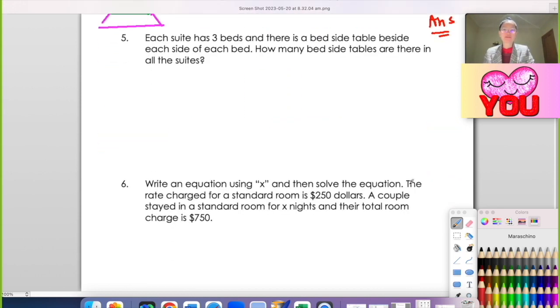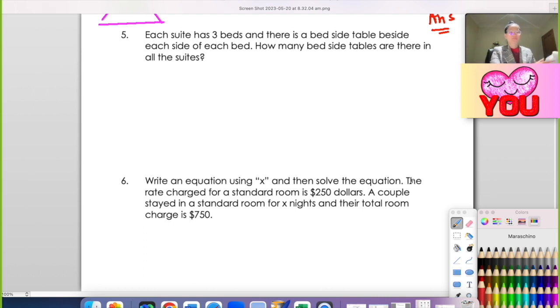Go to question number 5. Guys, read question number 5. Each suite has 3 beds and there is a bedside table beside each side of each bed.